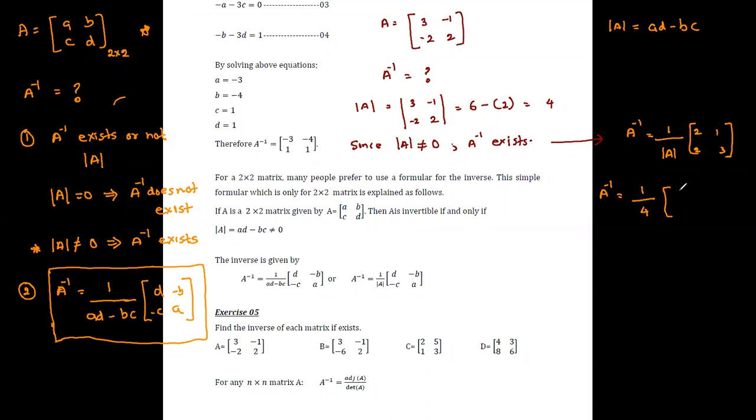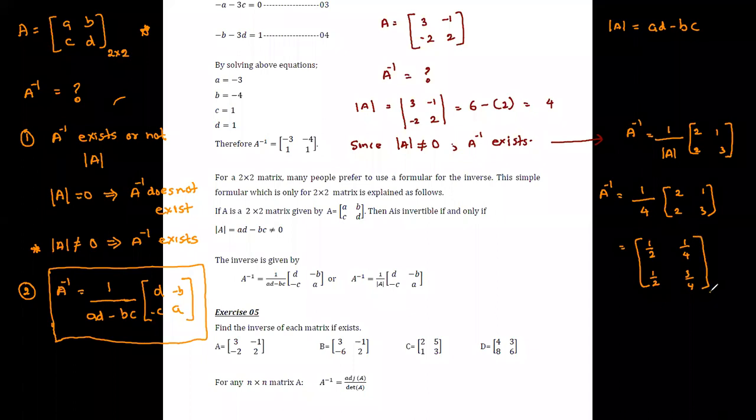Then we do the scalar multiplication of the matrix. Therefore, A inverse is obtained as 2 into 1/4 gives the value half, 1 into 1/4, then 2 into 1/4, again half, then 3 into 1/4. This can be considered as the inverse for the given 2 by 2 matrix.